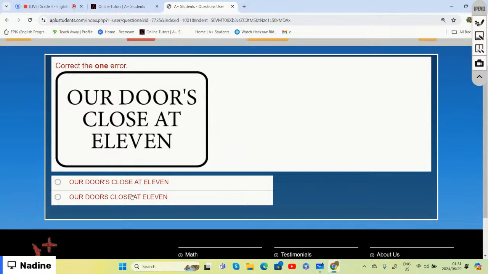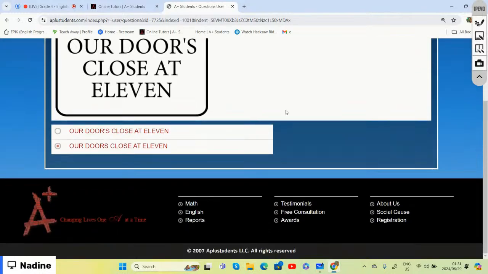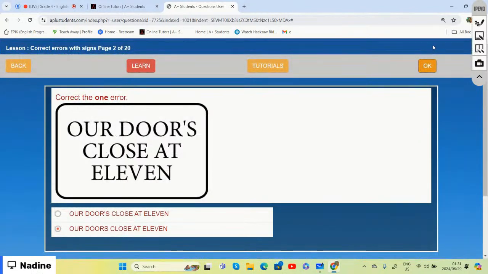Look at when we have an apostrophe, it usually shows possession, when something belongs to someone. So if we say our doors close, it means that it is not just any door, but our doors. So we would go with option two, and option two is correct.